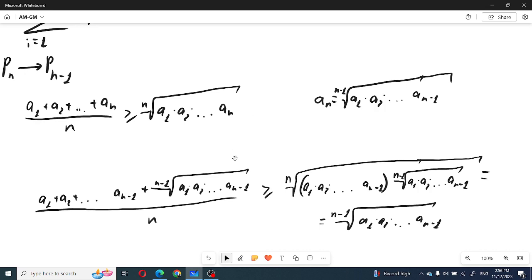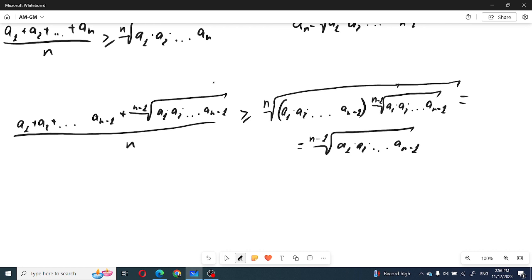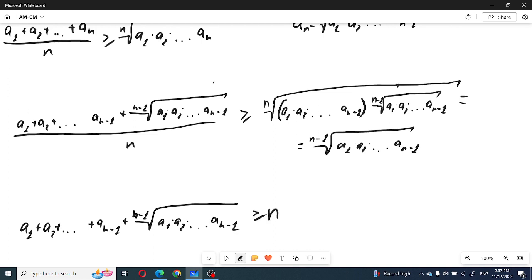Now if we multiply both sides by n, we get that a1 plus a2 all the way up to an minus 1, plus the (n minus 1)th root of a1 times a2 times all the way up to an minus 1, must be greater than or equal to n times the (n minus 1)th root of a1 times a2 times an minus 1.